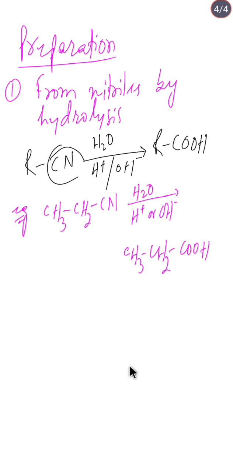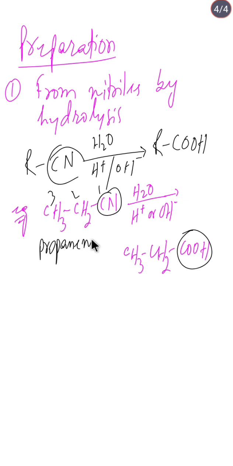Only this CN is hydrolyzed, converted to COOH. So the IUPAC name of this compound: 1, 2, 3, we have 3 carbon atoms in the main chain, so it is to be named as propane nitrile, right? And this is our propanoic acid.